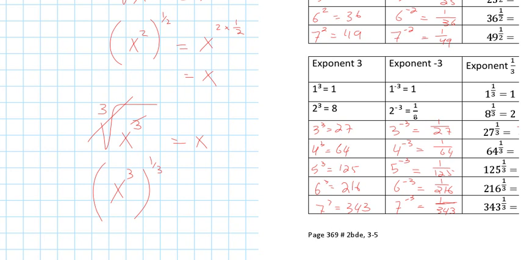So 1/3 times 3 gives me 1. So that's going to be x to the power of 1. So we know the opposite of square is square root. But now we know that when I raise it to the power of a half, that's the same thing as square rooting it.